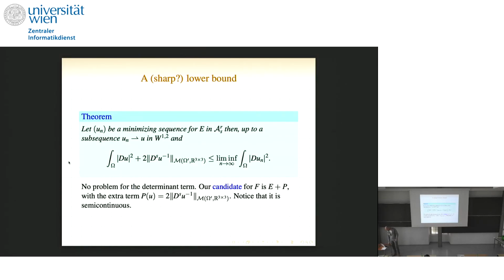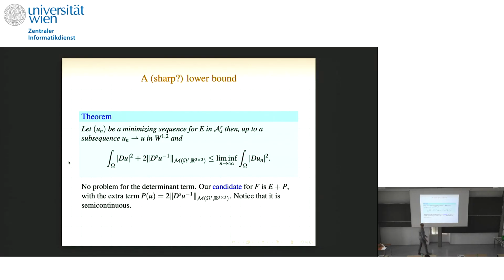Good. Now, let me provide a lower bound for the neo-Hookean energy. So we will see the appearance of new terms that I will use in order to define my relaxation. What I'm claiming is this. We have a sequence in W^{1,2} living in the initial space.